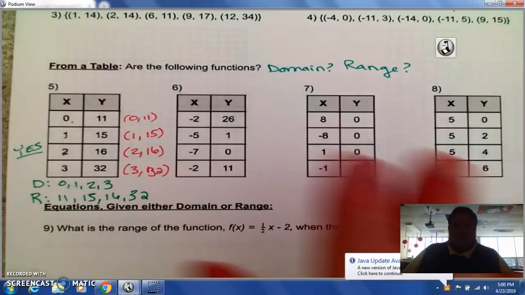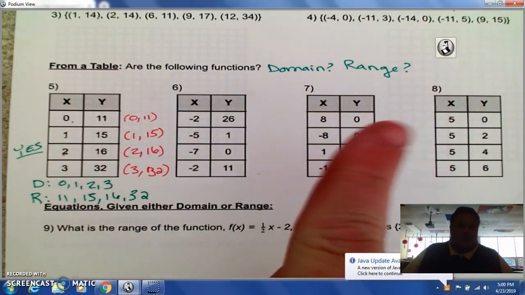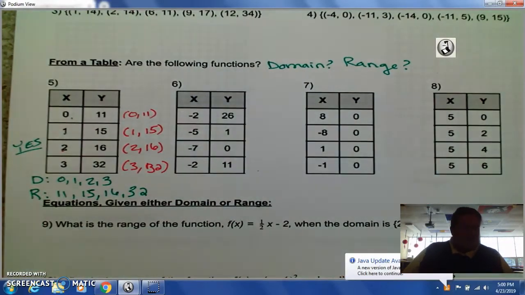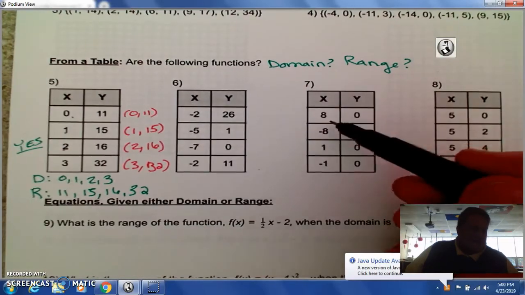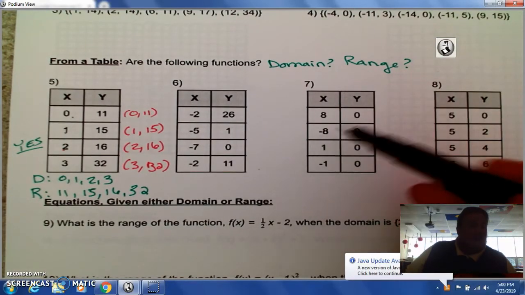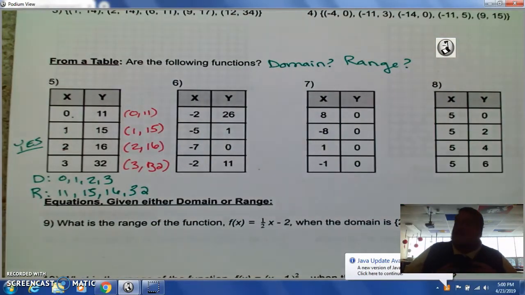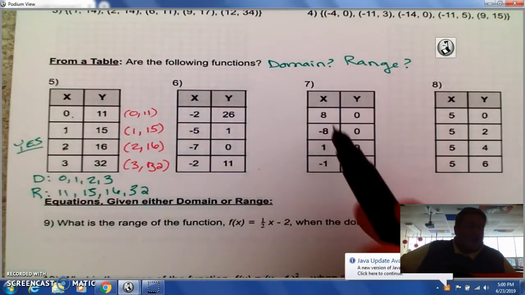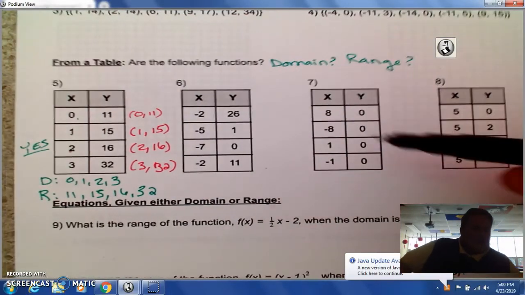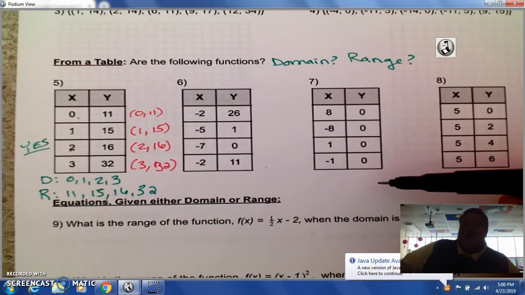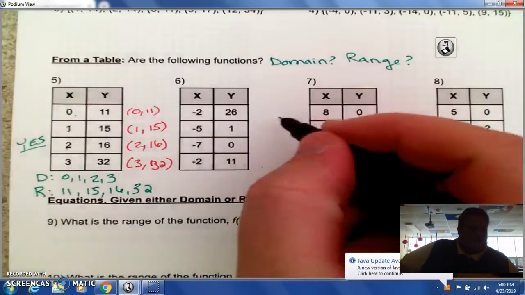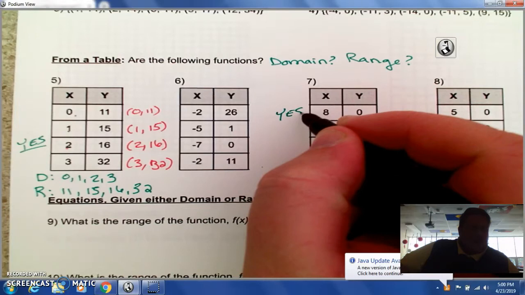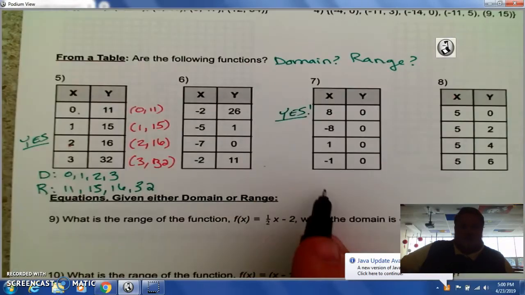We're going to skip 6 and we're going to look at number 7. Okay, is 7 a function? There's 2 8s, but they're different types of 8. One's positive, one's negative, so we're good so far. And 2 different 1s. Now, there's straight up zeros in the y column, but that's okay. It's only x's that eliminate something from being a function if they repeat.